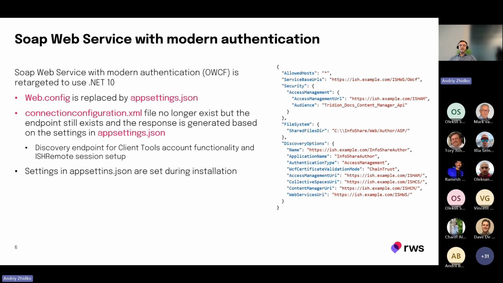So it is not a static file anymore. You can still request that configuration by the same URL, but the returned data is generated using the configuration coming from appsettings.json, and the format of the data remains the same. This is done for backward compatibility. The required settings in the appsettings.json file are set during installation.